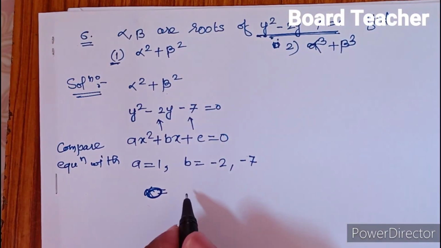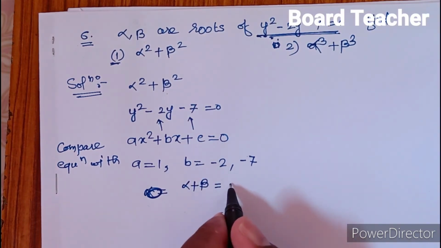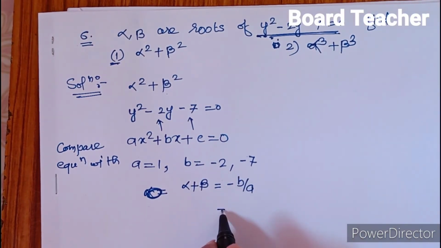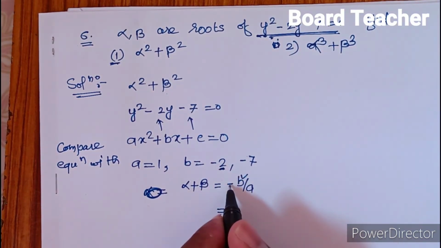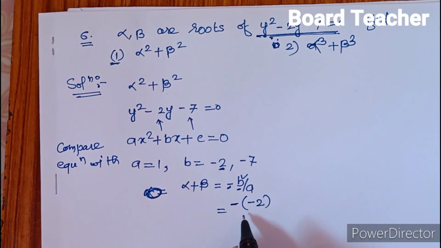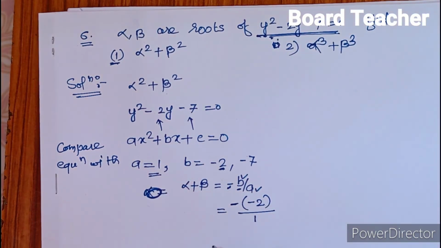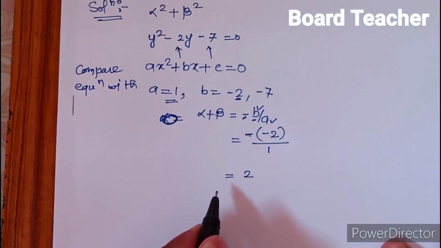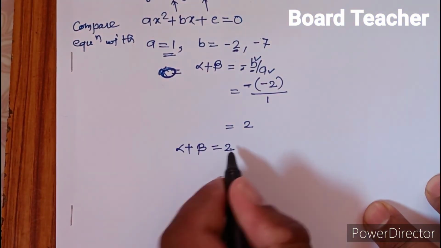We know the formula of sum of the roots, that is alpha plus beta equals to minus b by a, equals to, the value of b is minus 2, therefore write down here this minus as it is, the value of b is minus 2 upon the value of a is 1 here, therefore write down here 1, minus minus plus 2 divided by 1 is 2, therefore we get the value of alpha plus beta equals to 2.